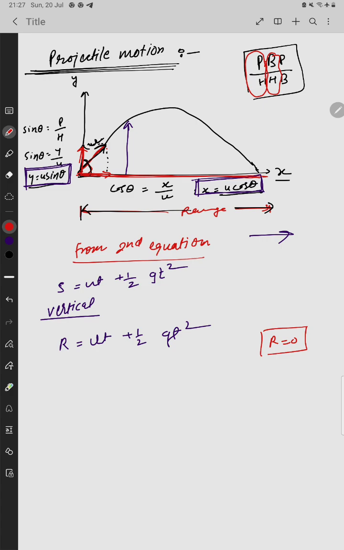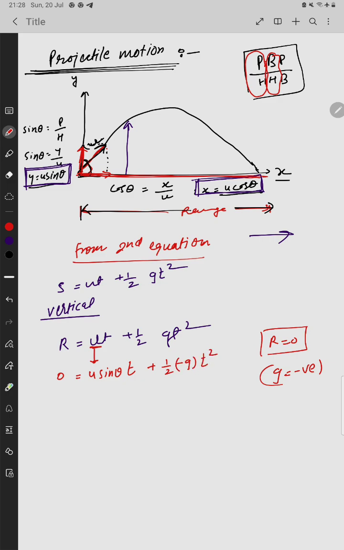So if you are calculating the range, it will be 0 is equal to u, what will be there here, student? One thing you keep in mind. Vertically, at the place of u, you have to take u sin theta, and then plus half, and gravitational force is negative, student, it is operating in the negative. So here minus half g t square, right?